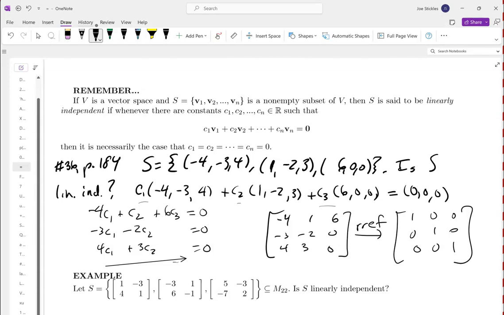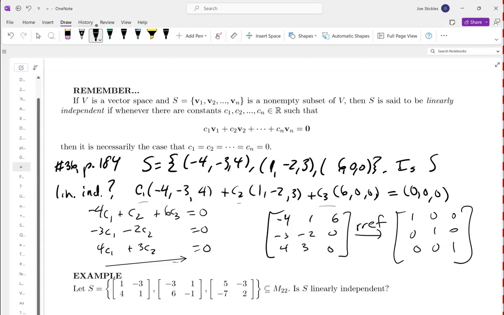So what this is going to tell us is that if I have a linearly independent set that spans, there's one and only one way to write each vector in terms of the set of vectors that we have. Okay, that's what leads into what we're going to talk about here in a minute.